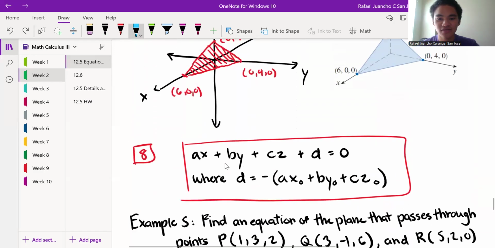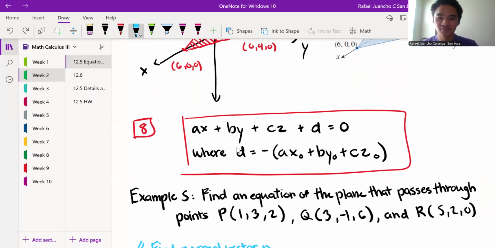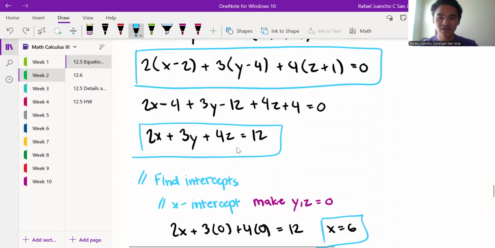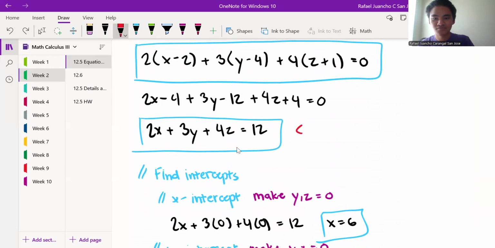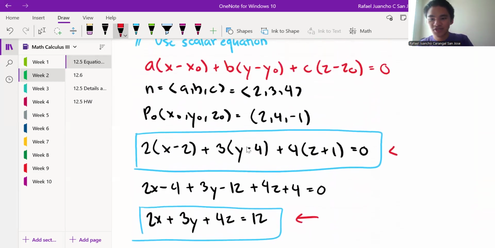Now we also have this equation here, ax plus by plus cz plus d equals 0. Well, actually, this came from our previous example. We started with this, which actually came from this, right?